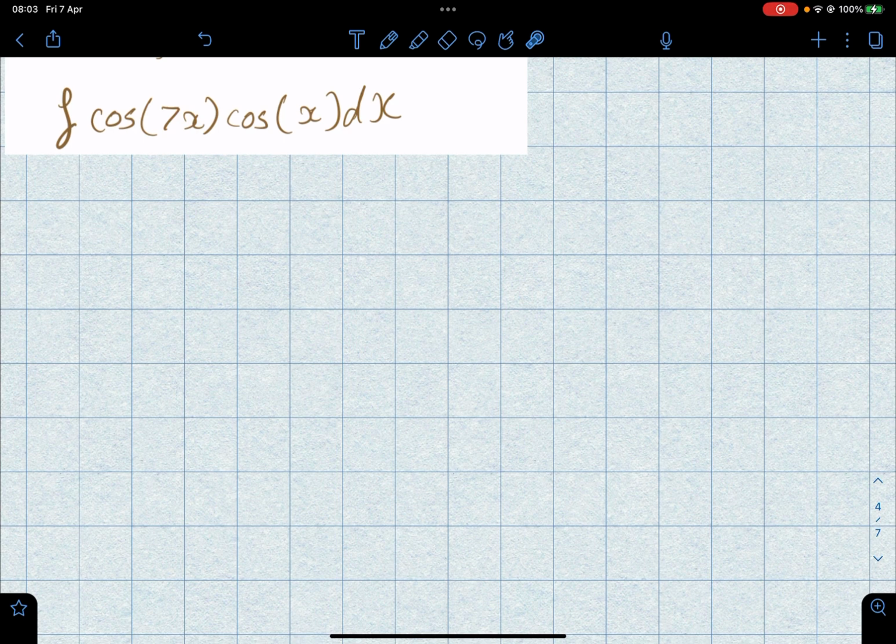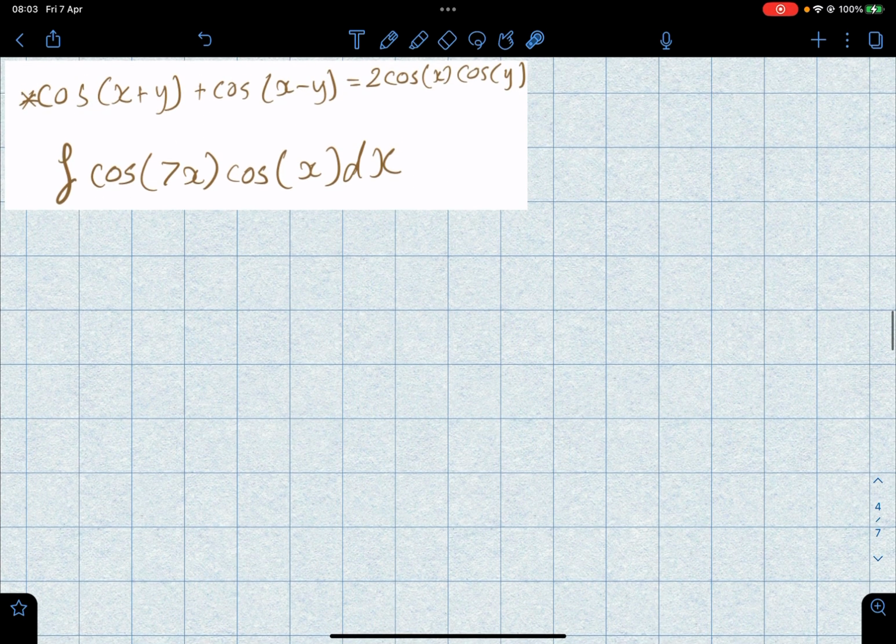But there is an identity that says that a product of two cosines can be written as a sum and a difference. Okay, so two cosines multiplied can be written as the sum and the difference. So you can write cosine 7x multiplied by cosine x as the cosine of the sum, x plus y, and the cosine of the difference.